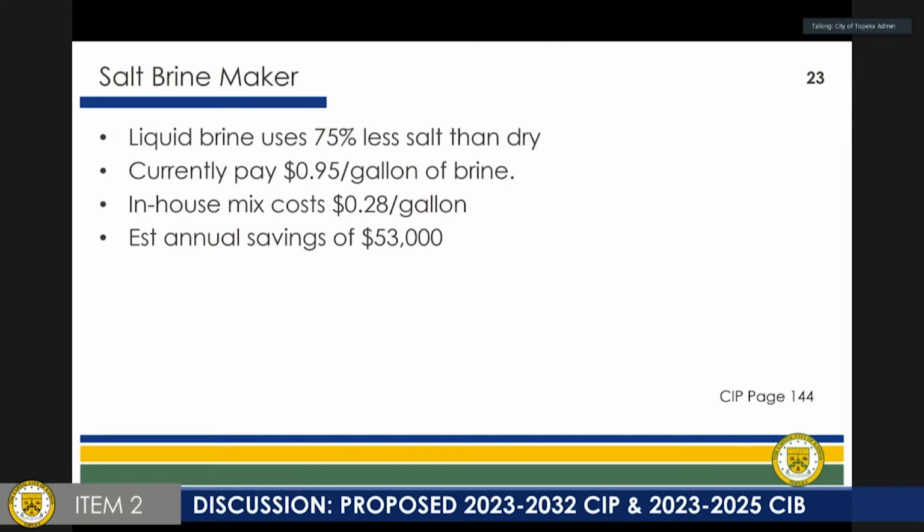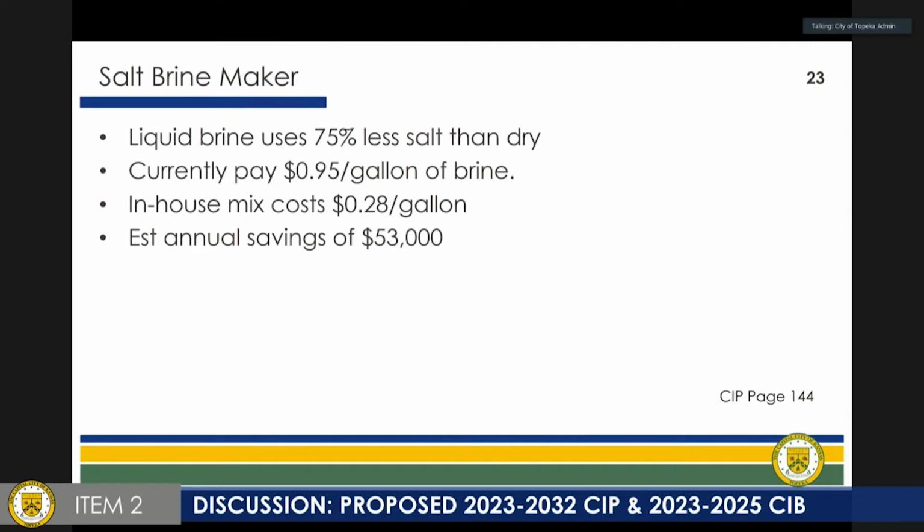The liquid brine the salt maker uses 75% less salt than dry, so it's better on our cars and on the streets. We currently pay 95 cents a gallon for pre-mixed brine. If we make it ourselves, it's about 28 cents a gallon. That's an estimated savings of around $50,000 a year.